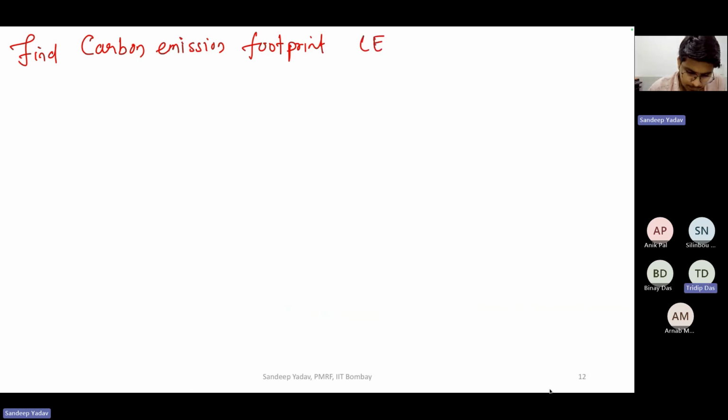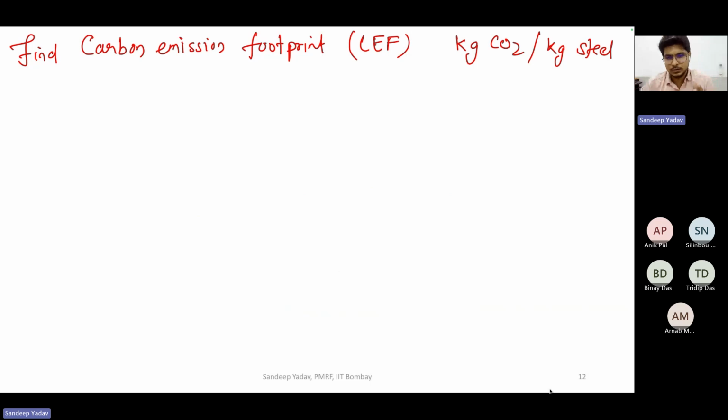That is CEF, in kg of CO2 per kg of steel. That means they're asking how much CO2 emission is generated to produce a kg of steel.